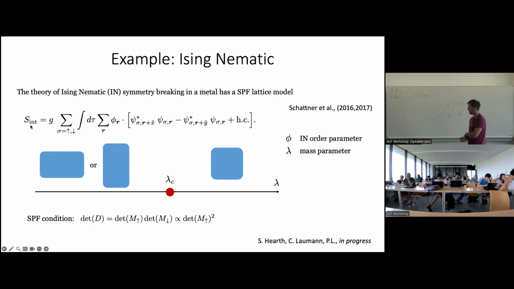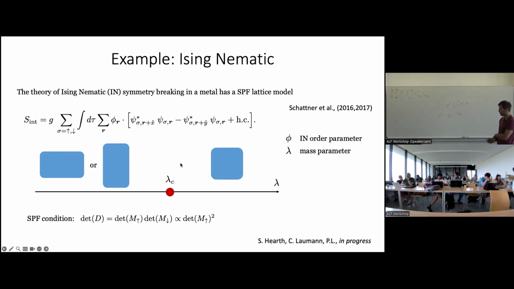So roughly speaking, the interacting part of the action has some strength of the Yukawa coupling, g, and then the fermions, which are spinful, are coupled to this phi field, which, if it condenses, mediates asymmetric hopping on a square lattice in the x and y directions. So this phi is the Ising nematic order parameter, and lambda, which I'm not writing, is its mass parameter.